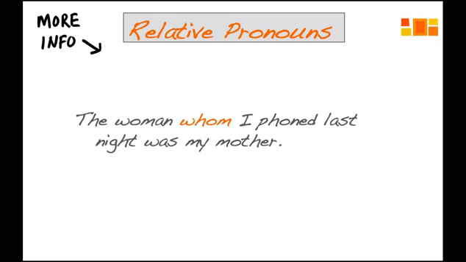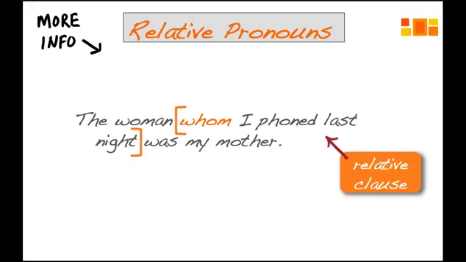The woman whom I phoned last night was my mother. Now I can tell you right away that who is also possible here, but the whom problem I'm talking about in the second video. Now, whom I phoned last night is my relative clause, and again it's snuggled nicely into the middle of my main clause. The woman was my mother.